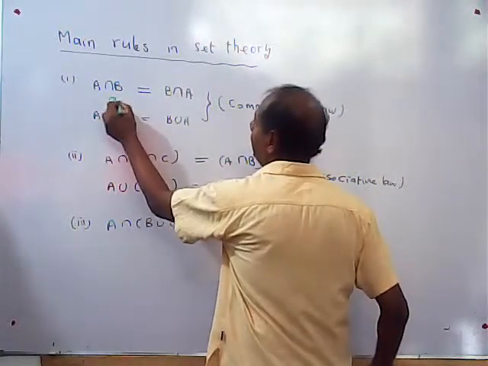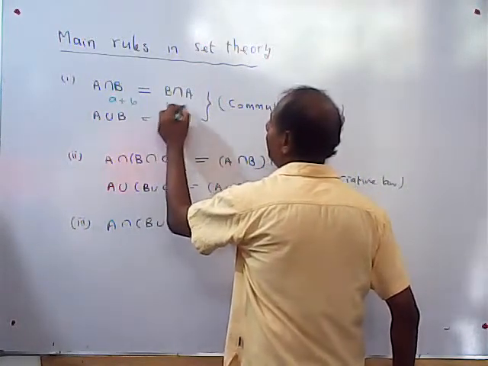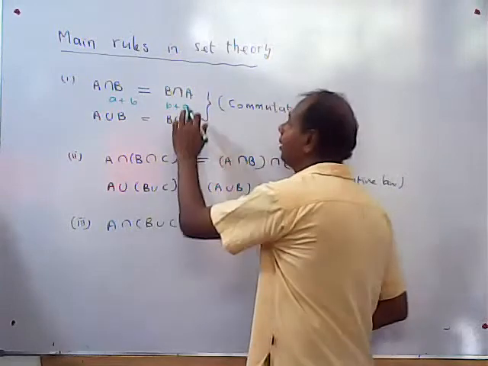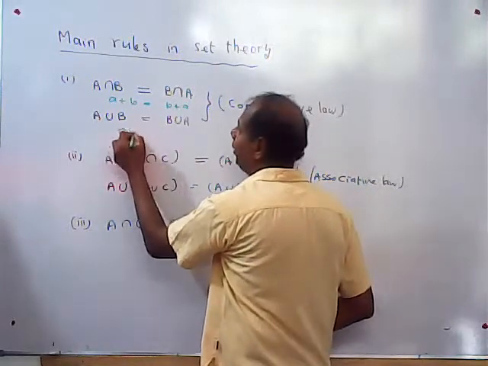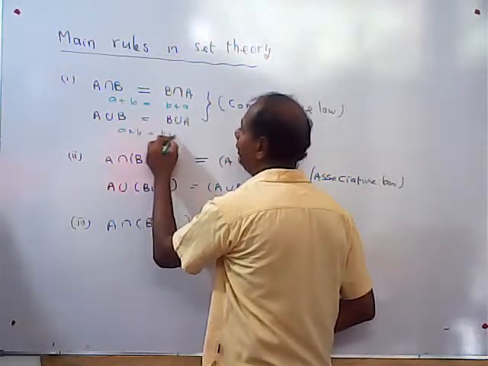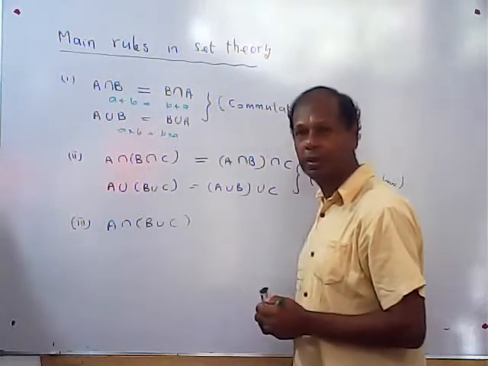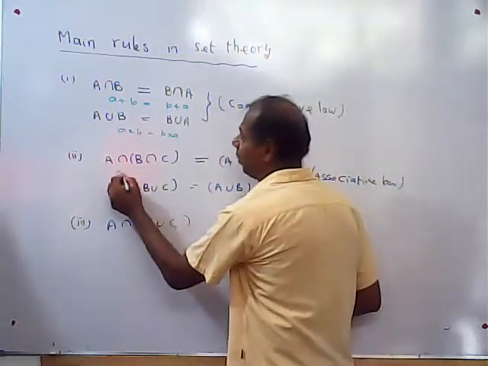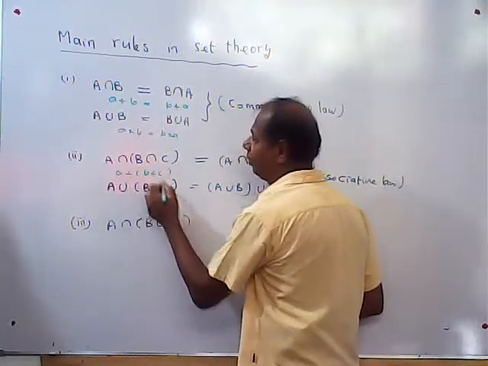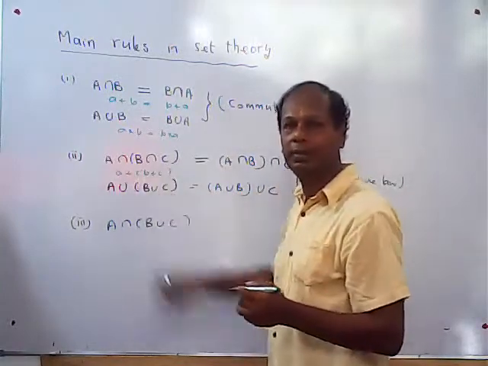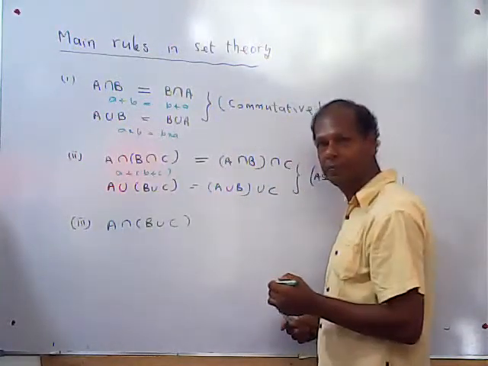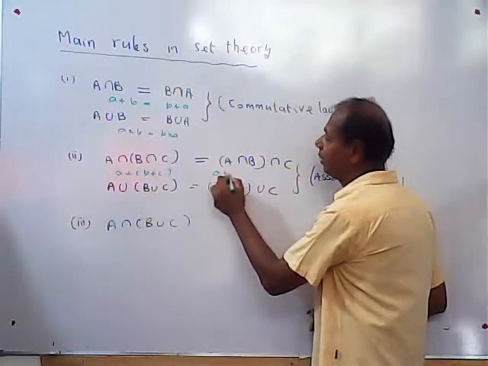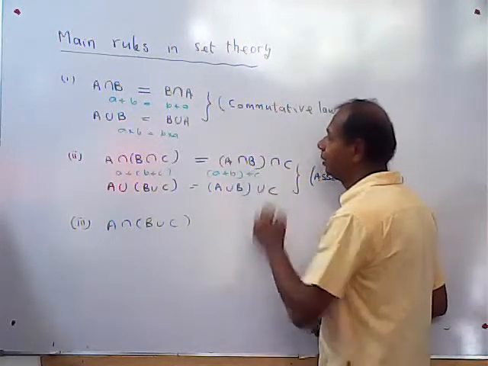A plus B, two real numbers, is equal to B plus A, right? A into B is equal to B into A. Real numbers, okay, say A plus B plus C. You first take B plus C and add it to A. It's the same as taking A plus B and then plus C.